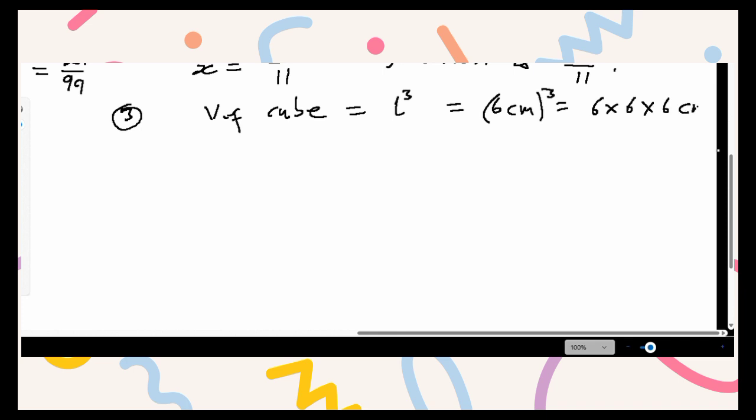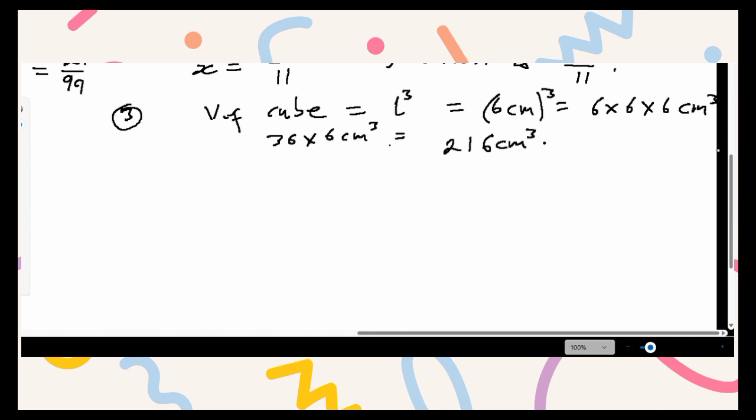Then the cube is going to affect the centimeters. 6 by 6 gives us 36, times 6 centimeters cubed. 36 by 6 gives 216.